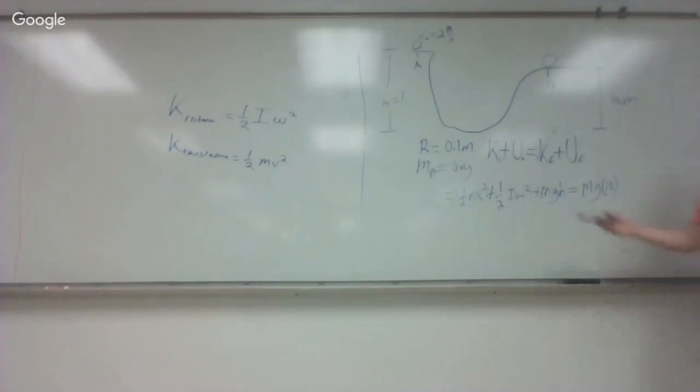Here's the velocity. 1 times 5 over something, v squared over r squared, and we have our answer. Right? That's all there is.